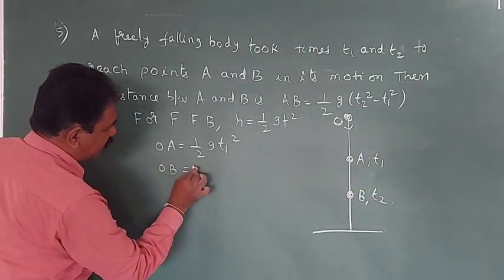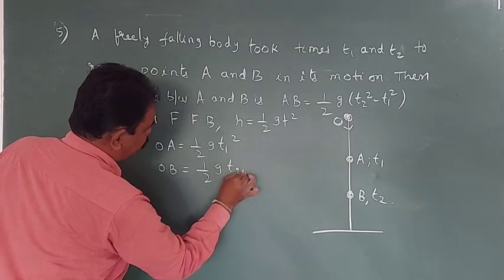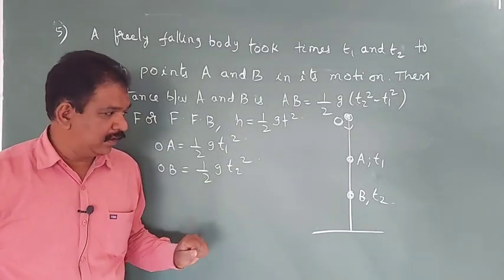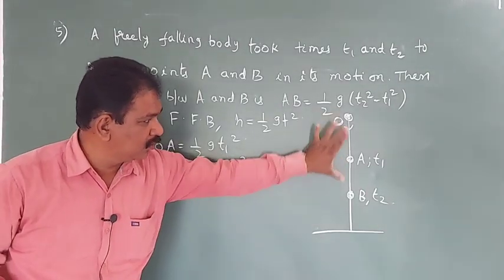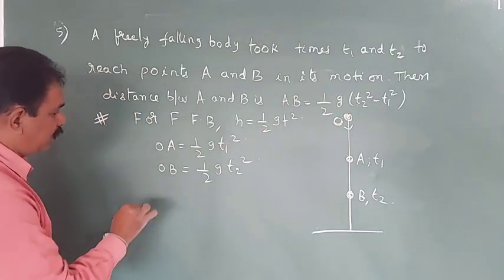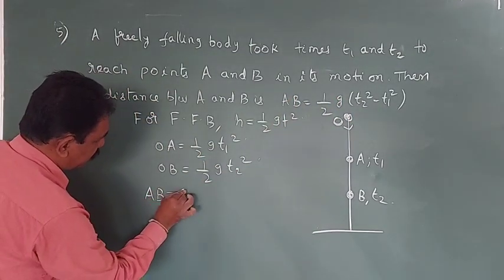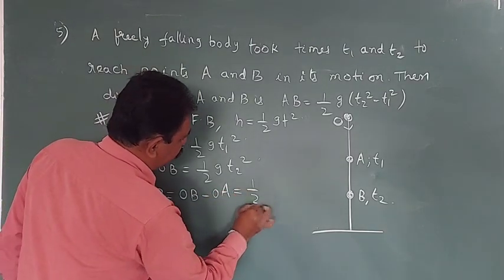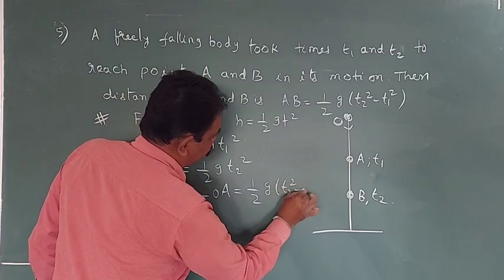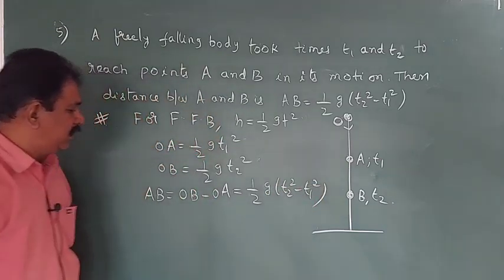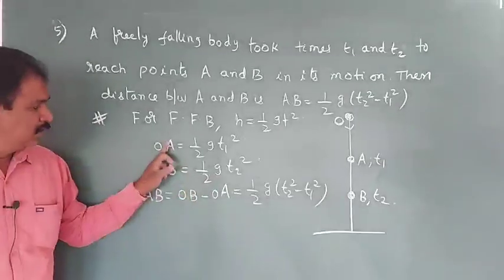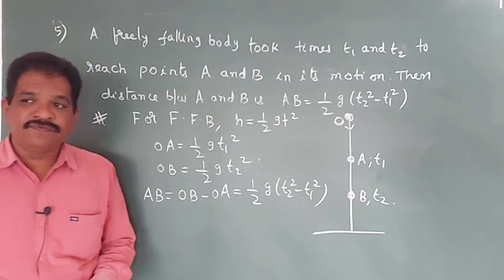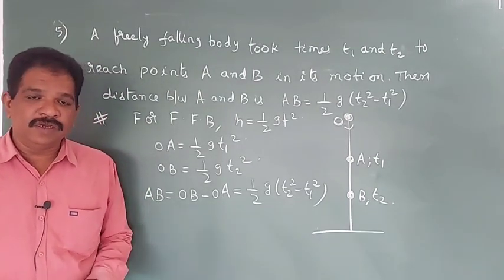OB is equal to how much? Half G into T2 square. AB is equal to OB minus OA. This is equal to 1 by 2 G into (T2 square minus T1 square). If you substitute, finally we get half G into (T2 square minus T1 square).